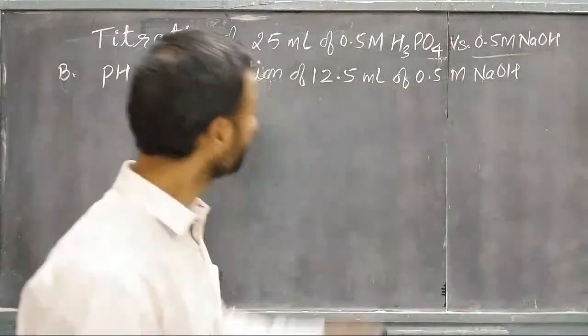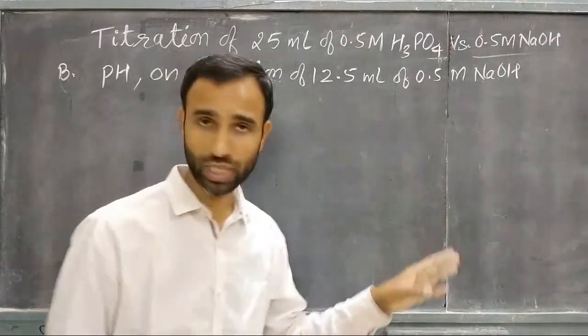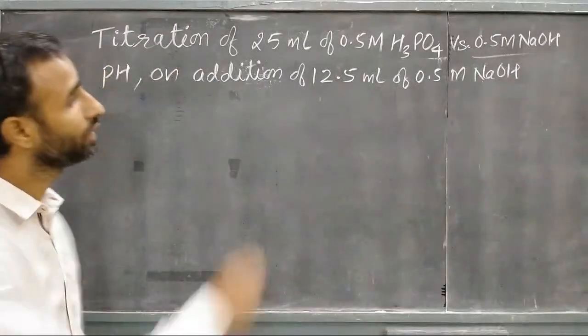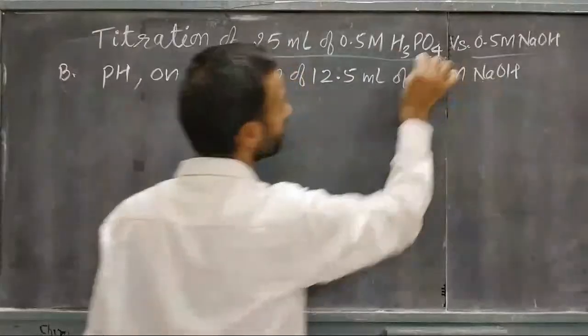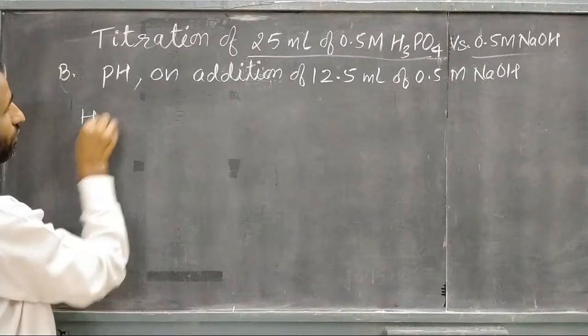So we add 12.5 ml of 0.5 molar sodium hydroxide in this particular solution. Okay. So we have phosphoric acid.